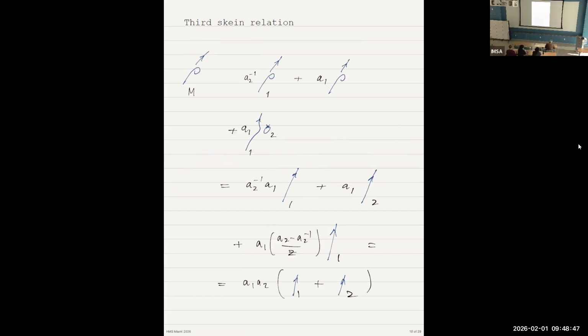The third Skein relation also is a good illustration, because here actually something happens with the flow lines. And so we take this curve with a kink in it, and we lift it. And again, we lift it to two separate sheets like this, right? But now you see there is a flow line, namely the crossing.